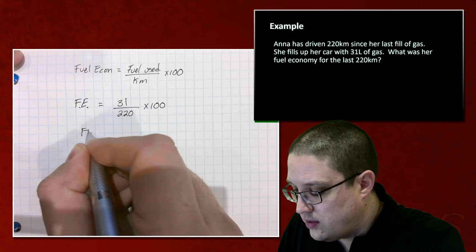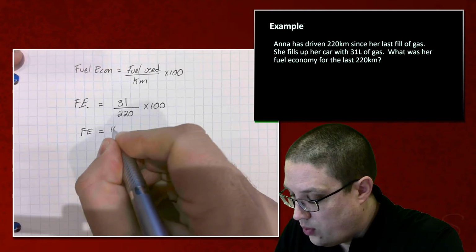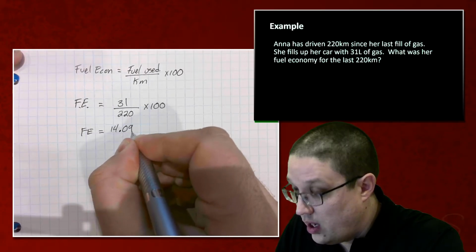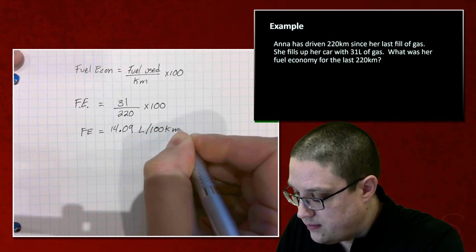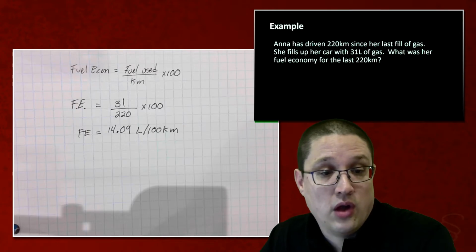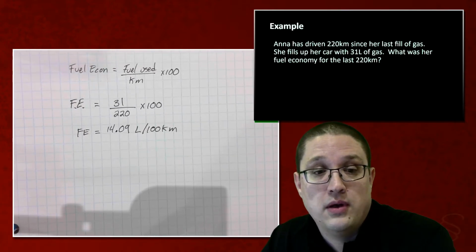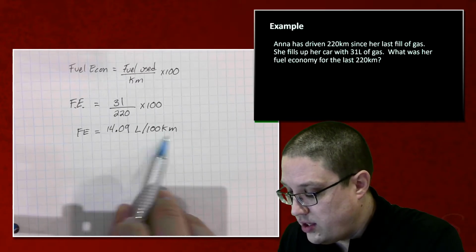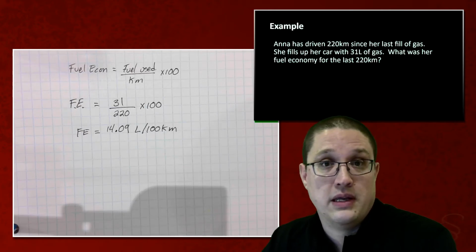Now this works out to a fuel economy of 14.09 liters per 100 kilometers. So Anna's car here has a fuel economy of 14.09 liters per 100 kilometers. A couple things to note. Make sure you're putting your units here and make sure you're giving your answer to 2 decimal places for this course.